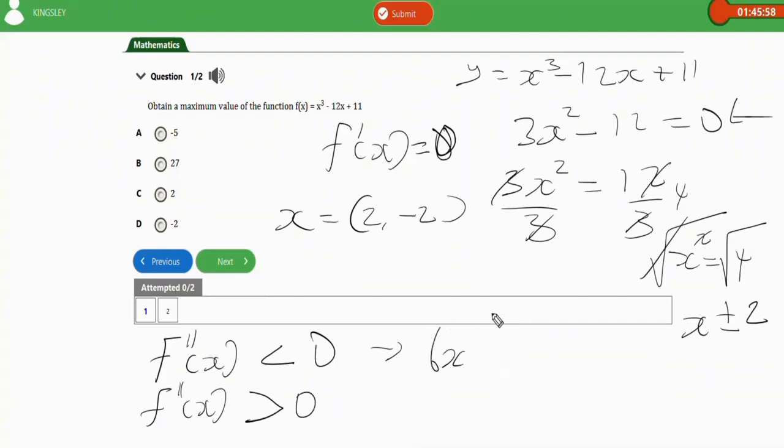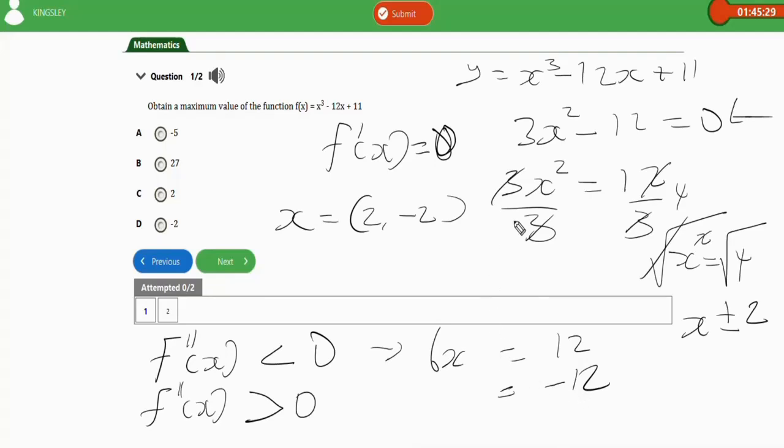So when x is 2, when you plug in 2 here, you're going to have 12 as output, whereas when x is negative 2, when you plug in negative 2 in 6x, you're going to have negative 12.